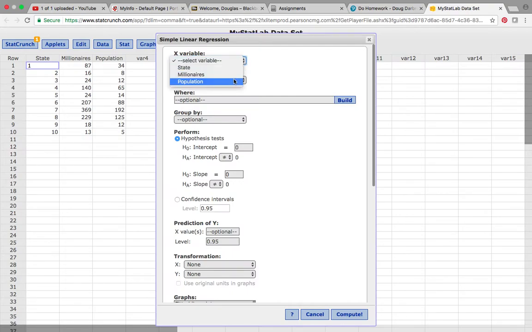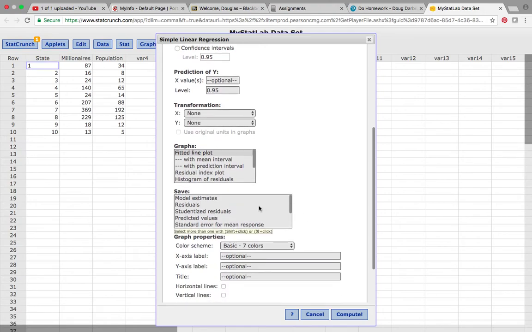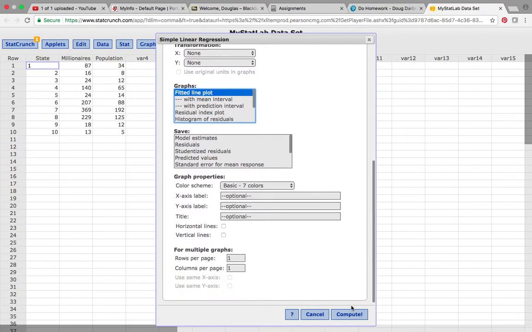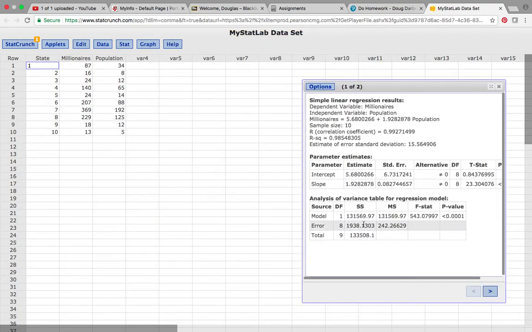I am going to do population as the X and number of millionaires as the Y. Really nothing else down here needs to be found, I'll do the fitted line plot. And if we need to go back and add some stuff, we will.